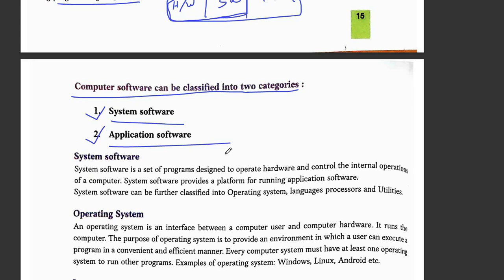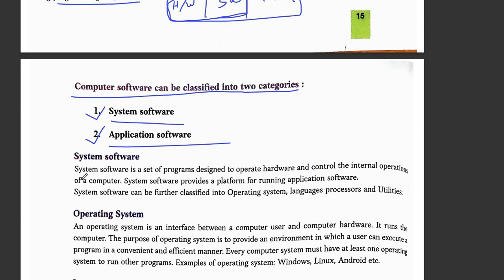So what are system softwares? System software is a set of programs designed to operate hardware and control the internal operations of a computer. System software provides a platform for running application software. System software can be further classified into operating system, language processors, and utilities.